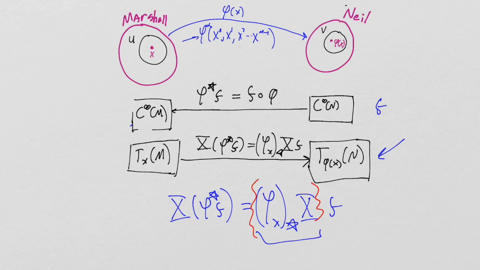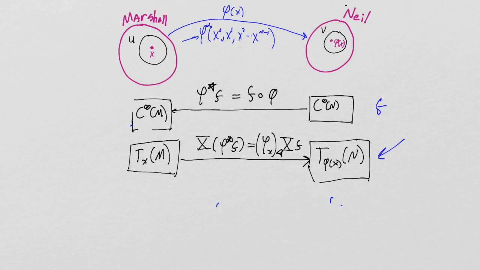And this is a little bit odd in one sense, because the right-hand side of that expression seems to be a function on Neal, and the left-hand side is a function on Marshall, right? In other words, f is a member of this set, and the pullback of f is a member of this set. And so the pullback of f, its domain is points in Marshall, but f, its domain is the points of Neal.